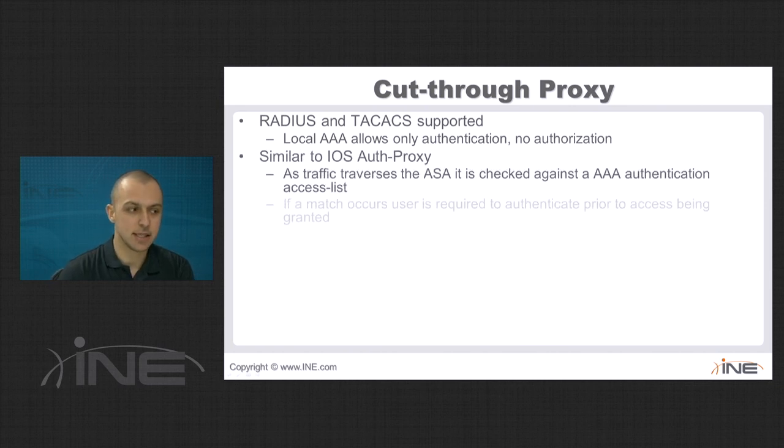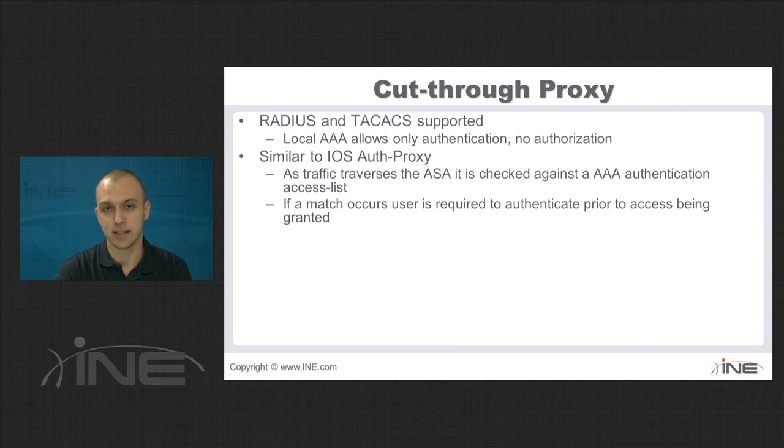So, as I said, it's similar to the IOS authentication proxy, meaning that as the ASA receives traffic passing through it, so as it transits traffic from point A to point B, then based on the cut-through proxy configuration, it will intercept the traffic and force it to authenticate.